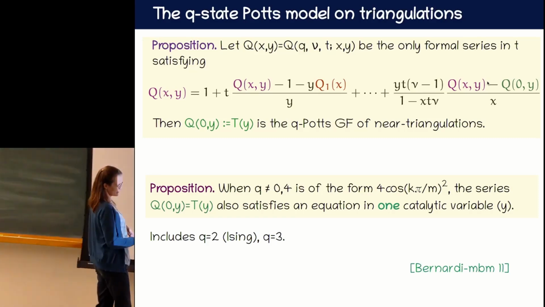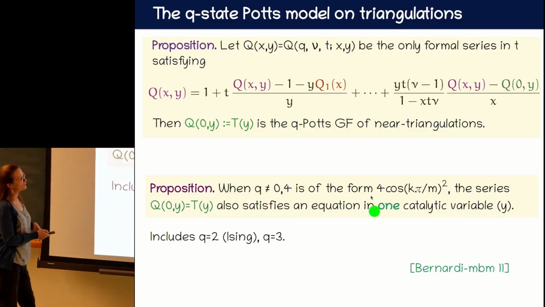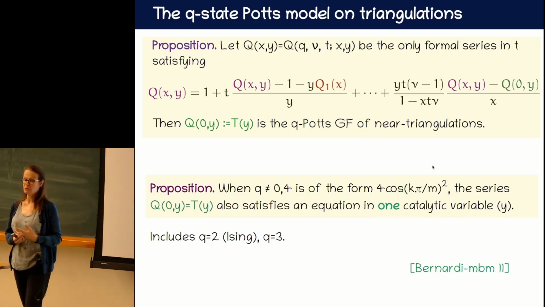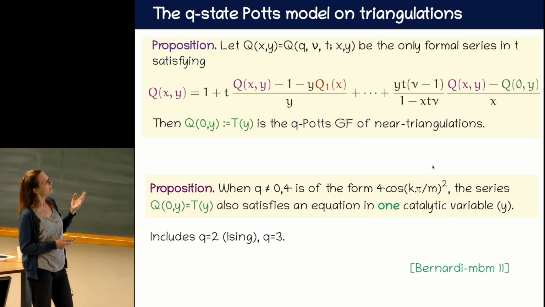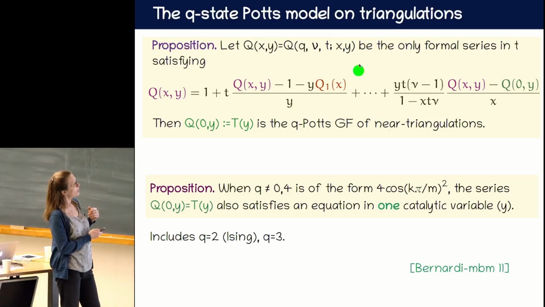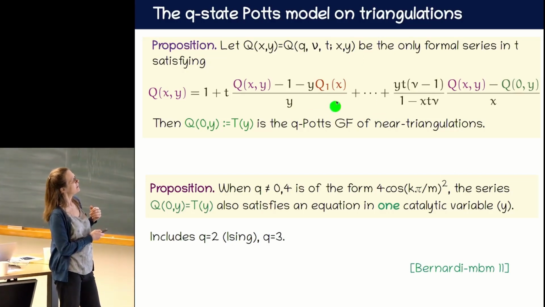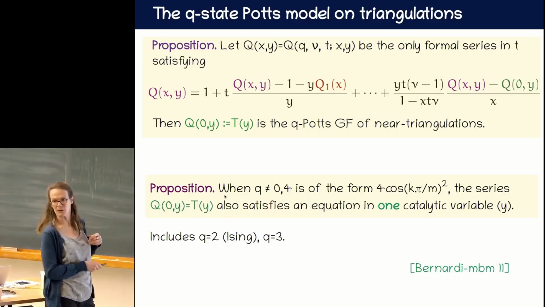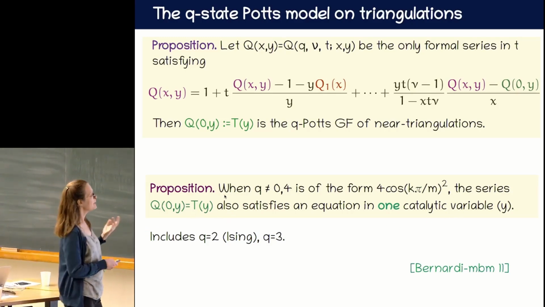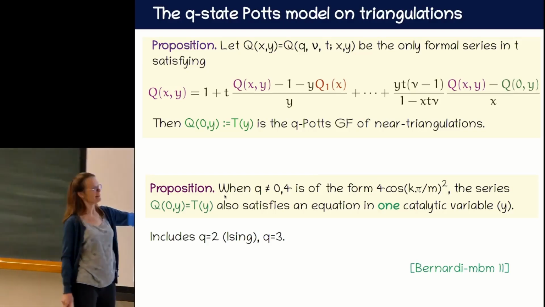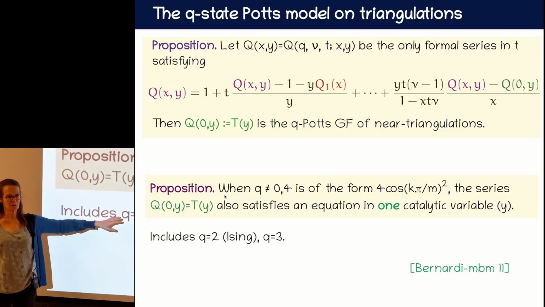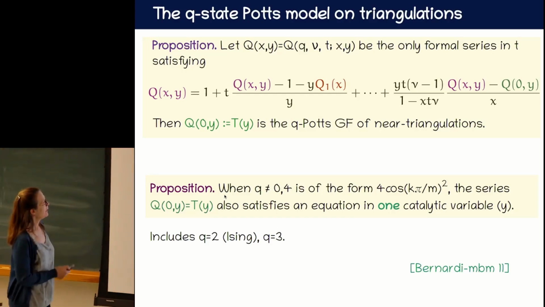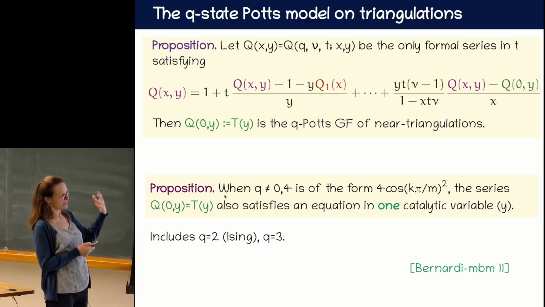So when Q is of this very specific form, 4 times the square of the cosine of a rational multiple of pi, then you can derive from this beast here an equation in only one catalytic variable for the series that we like. And this includes in particular the Ising model, when you have 2 states, 2 colors, and the 3-state Potts model. And so we did the thing explicitly, bravely.